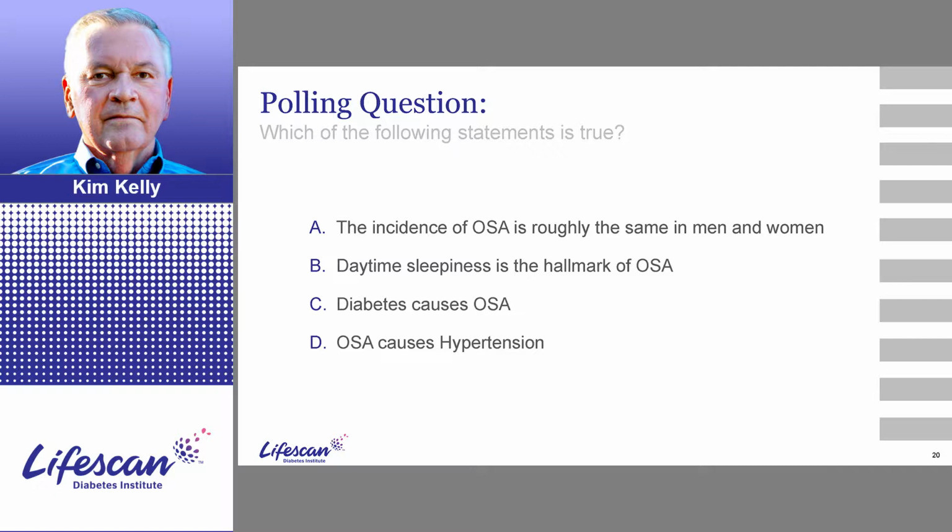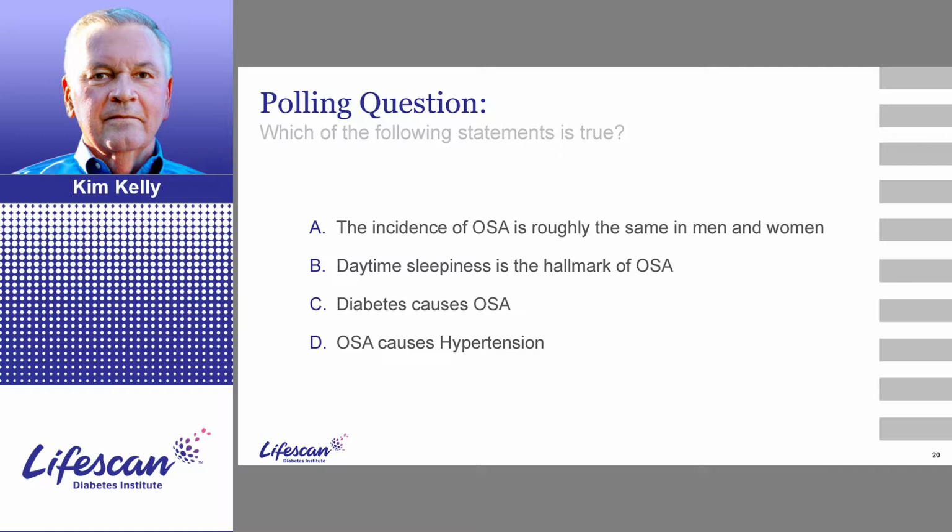Okay. Well, we've already talked about the incidence being different in men and women, nearly twice as often in men than women. Daytime sleepiness is, interestingly enough, originally thought to be the hallmark of obstructive sleep apnea, but actually only occurs in about a third of patients who have OSA.